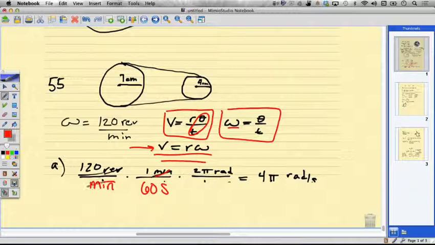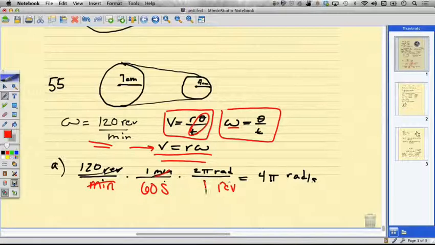Now, if I were to complete this problem right now, I would have revolutions per second. Minutes are on the bottom. They gave it to me. This is what they gave me. We need this to start with. Allow the units they give you to dictate how you set up the unit conversions. I need to get rid of the revolutions, so we've got to put revolutions on the bottom. 2 pi radians is how many revolutions? 1.